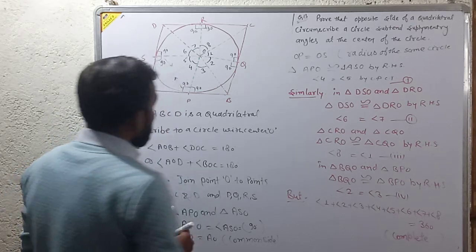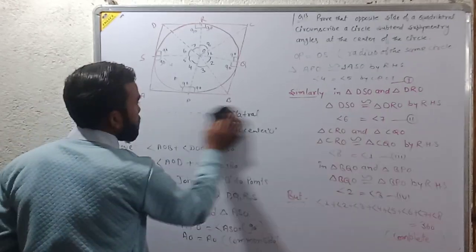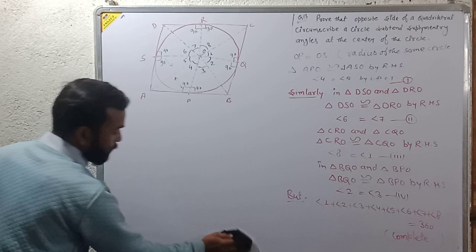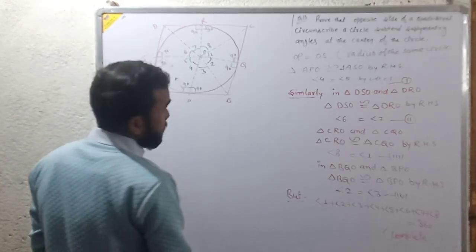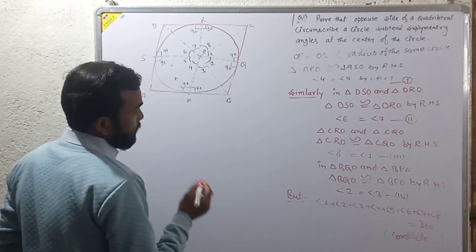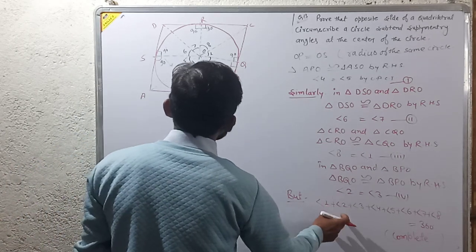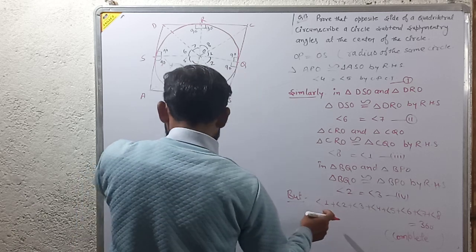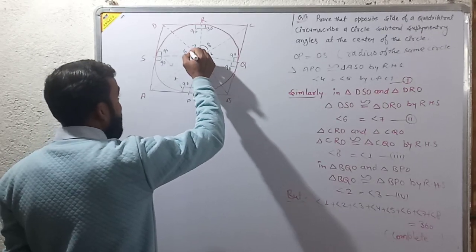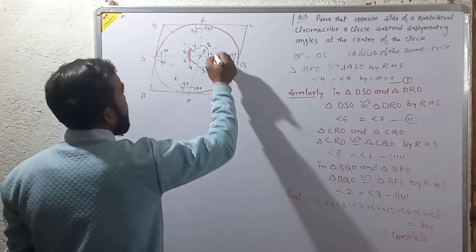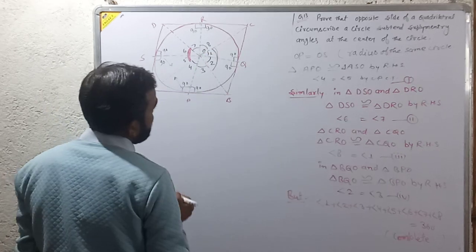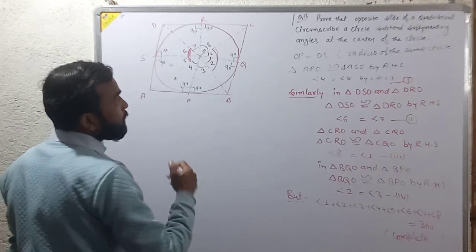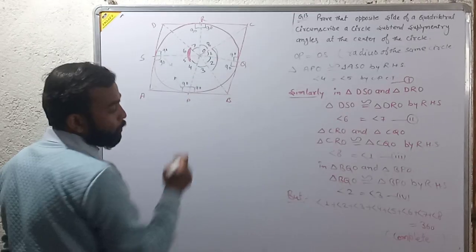Clear? Now we have to find 5 plus 6 and 1 plus 2 is equal to 180 degrees. So we have to write only 1 and 2 and 5 and 6, and convert the other values into 5, 6 or 1, 2.